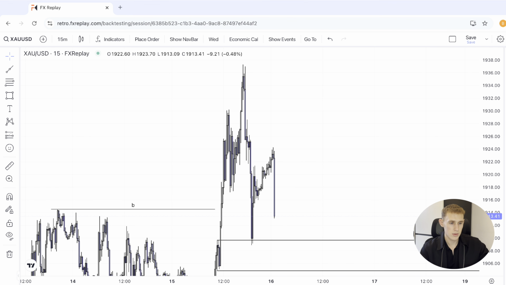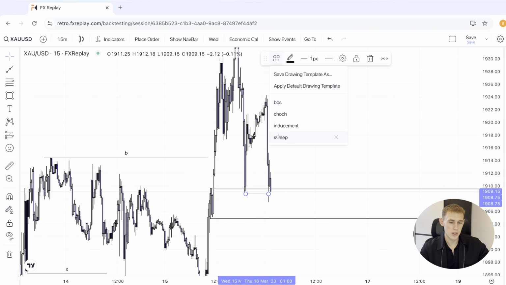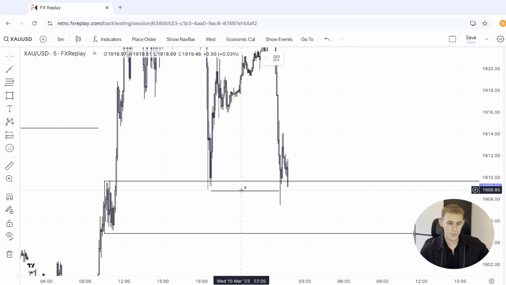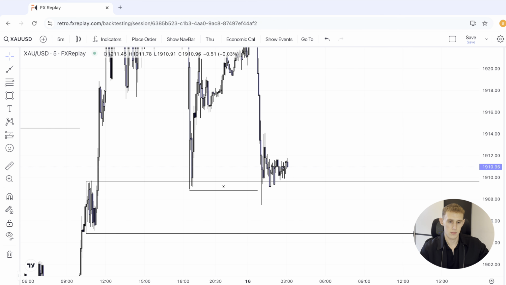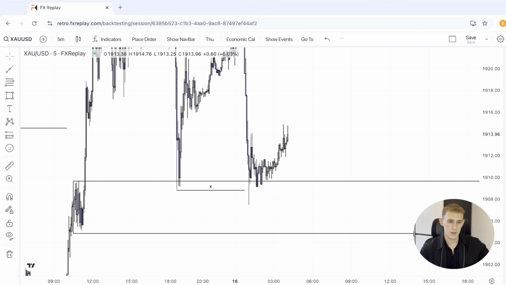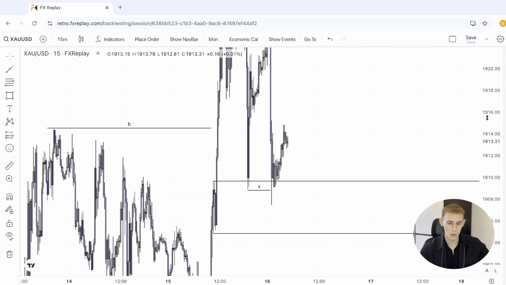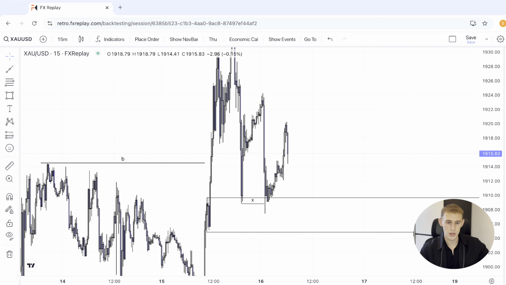Yeah, there we go. Regrab of these lows. Still within that demand zone though, so this is still a valid zone. And again, for the change of character, in this case, I would need to see it break this high all the way up here. So not really too much.